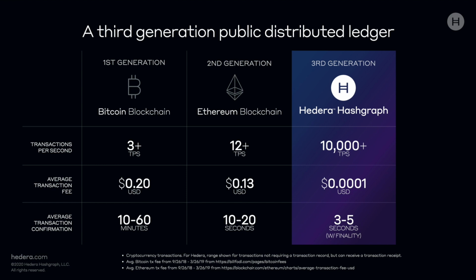And this is for HBAR cryptocurrency transfers, and we'll learn a little bit more about this later, but Hedera consensus service transactions, and right now it can scale up to 10,000 transactions per second. Each of those transactions costs a mere 0.0001 cents, and each transaction achieves finality, not probabilistic consensus, in 3 to 5 seconds.